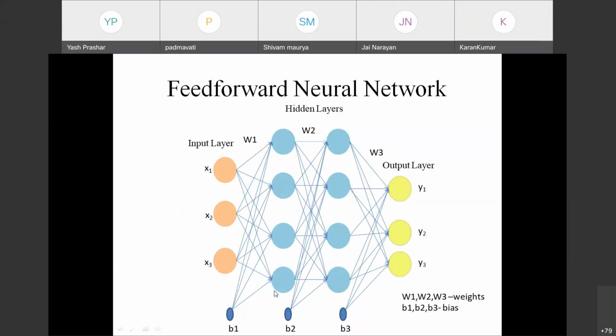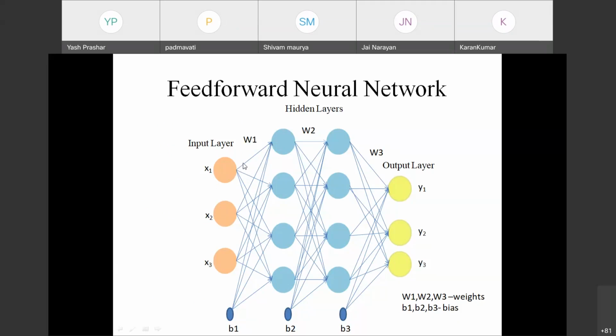Again, the hidden layer is also a vector, but as I said, every neuron is connected with every other neuron of the first hidden layer or any other layer. If we take any two layers, every neuron of the first layer is connected with every neuron of the second layer.